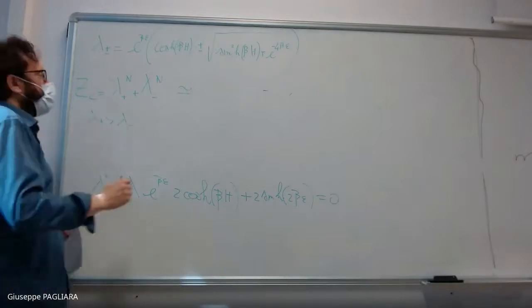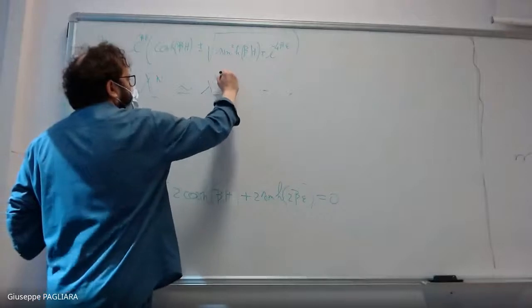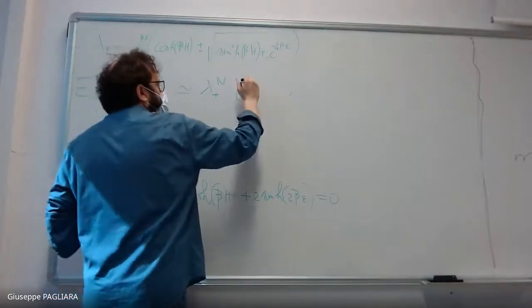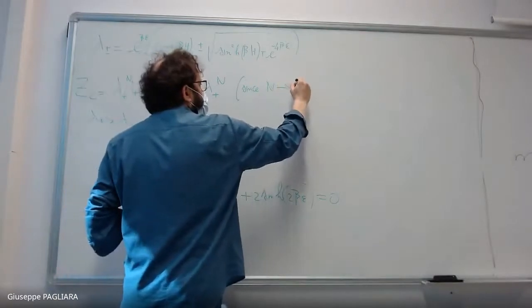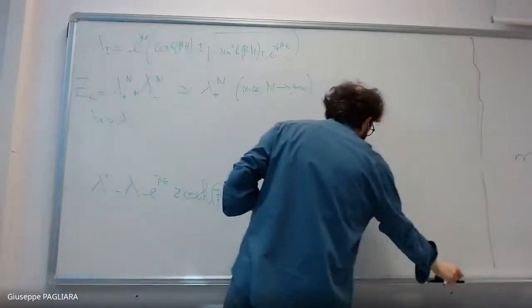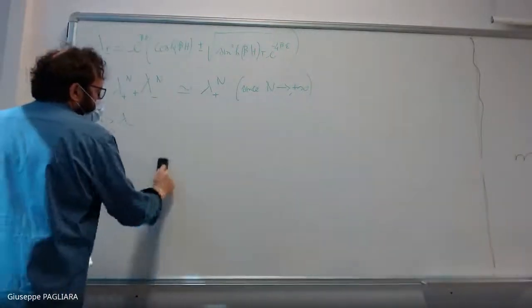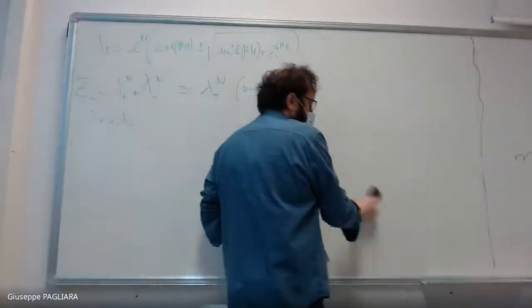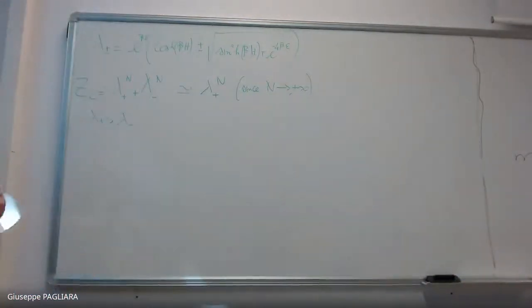Okay, so then I can neglect lambda minus and just take lambda plus to the power of n if n is large. So I can neglect the eigenvalue with the negative sign. It's smaller. Okay. Good.